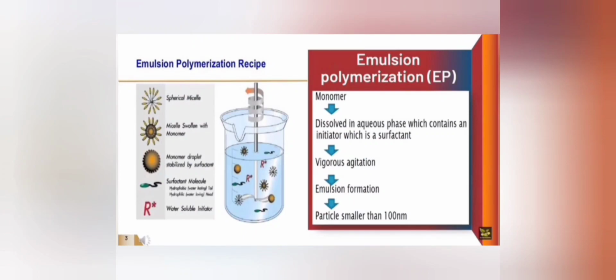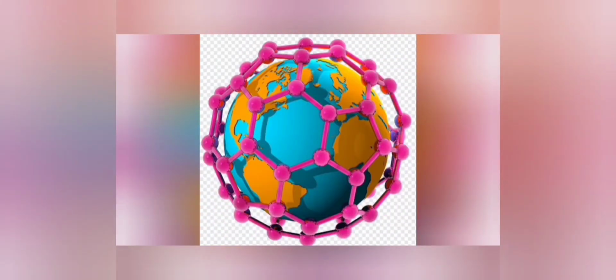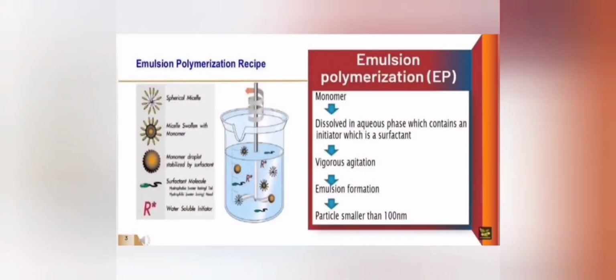Emulsion polymerization method. In this method, monomers are taken and dissolved in an aqueous phase which contains an initiator. A surfactant is also present. Then by applying vigorous agitation, an emulsion is formed, with a small particle size in the range of around 100 nanometers. Here we can see it represented as the emulsion polymerization recipe.